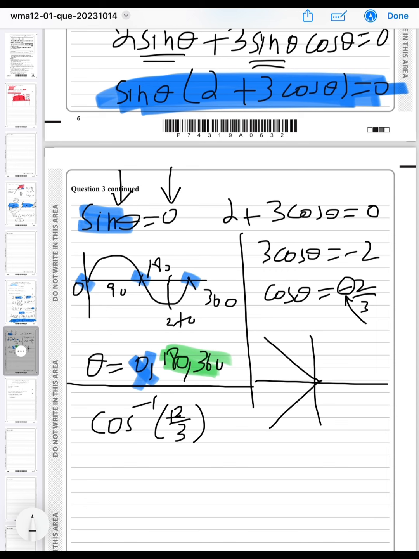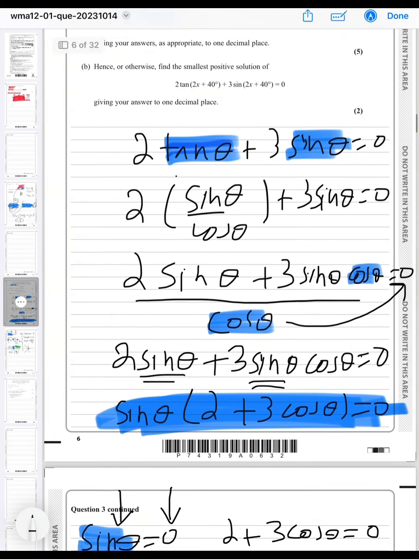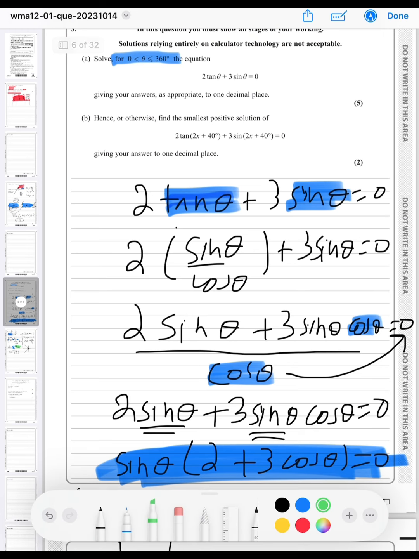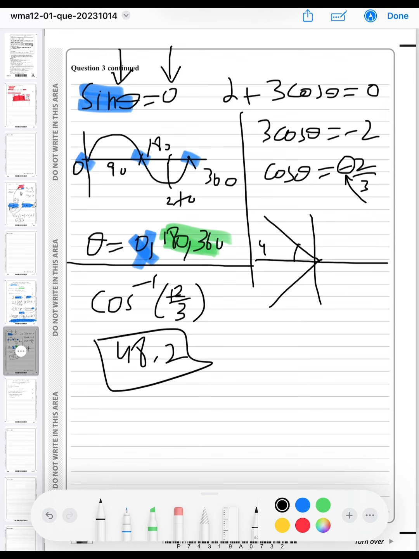So now, cos inverse 2/3 is 48.18, and they restricted us to 1 decimal place, so the answer is 48.2. Now we'll place it here, 48.2 and 48.2.